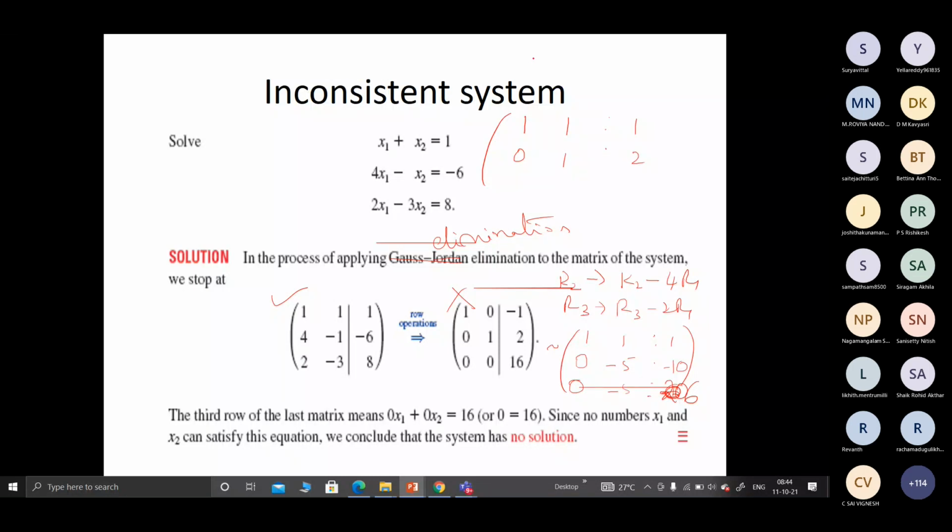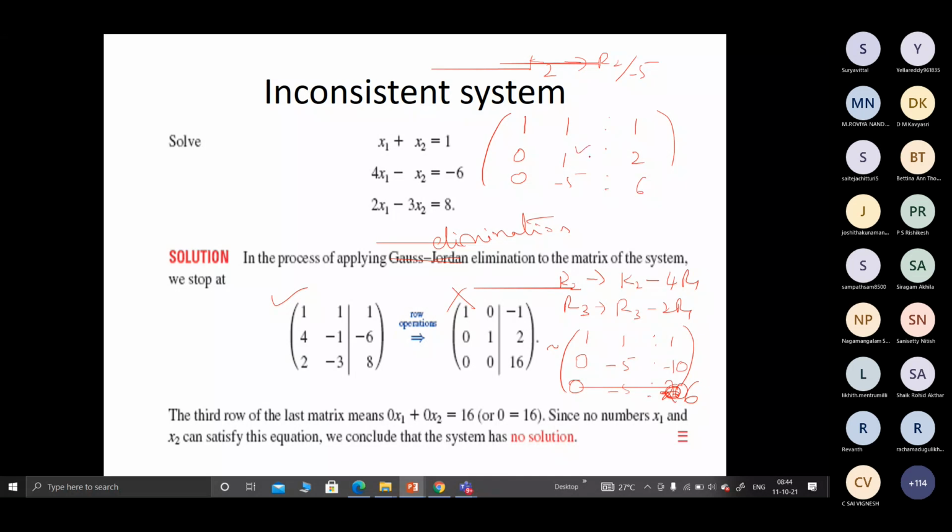So what we have done here is R2 is R2 divided by minus 5. And next, after that, you don't do anything. Next step you have to do 0, minus 5, and then it is 6.